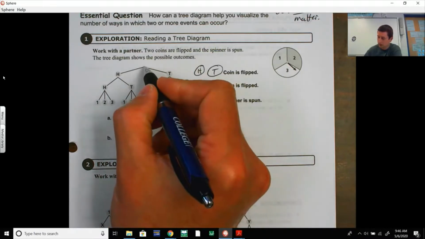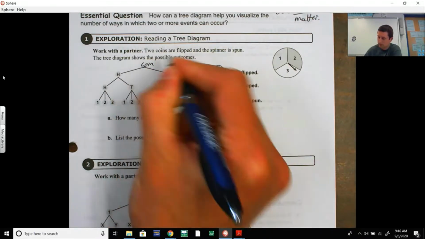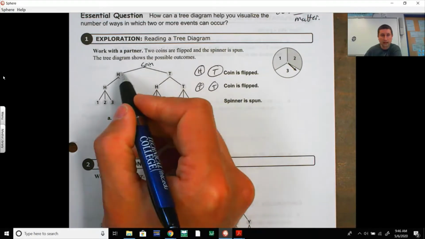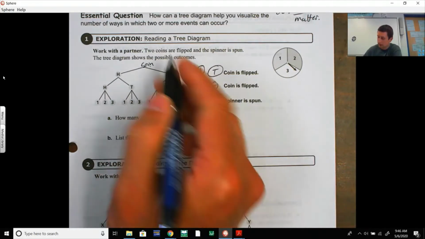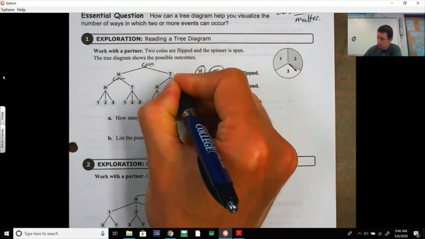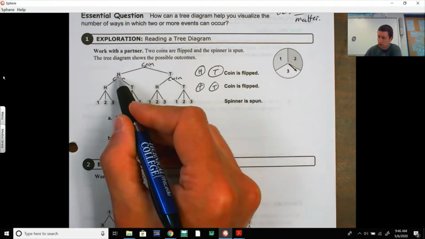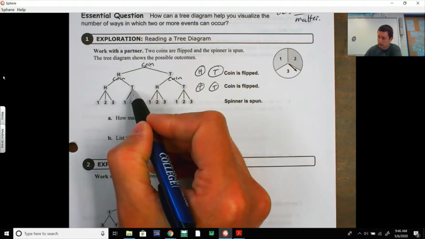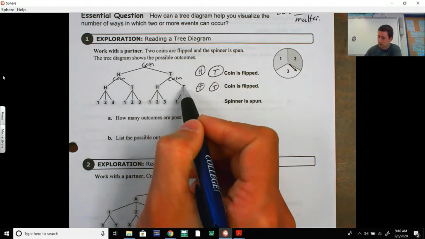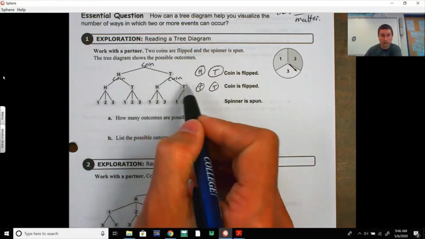So the first event is a coin is being flipped, and from that coin you can get a head or you can get a tail. Now you're going to flip another coin, and from that one you can get head or tail. So if you got heads first, you could get a heads or tails second. If you got tails first, you get a heads or tails second. So right now we're at 4 different combinations.